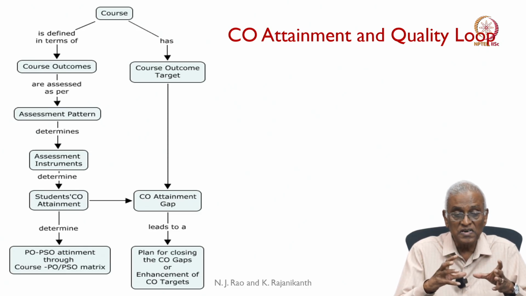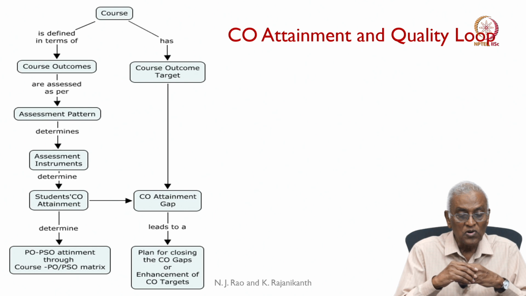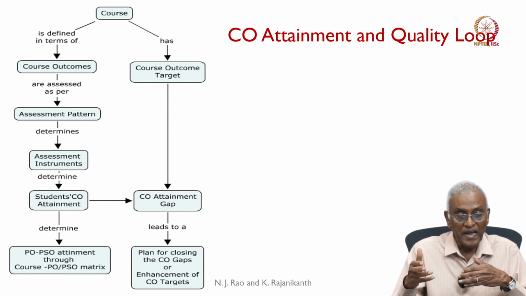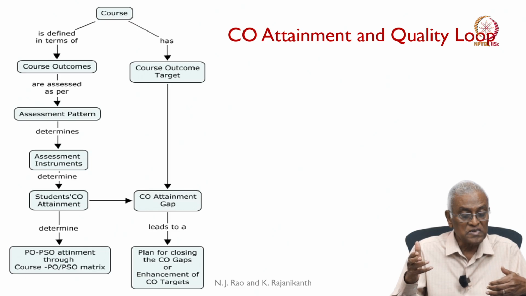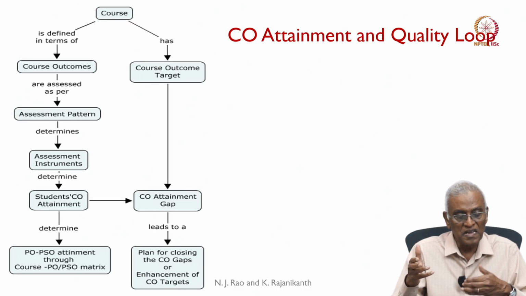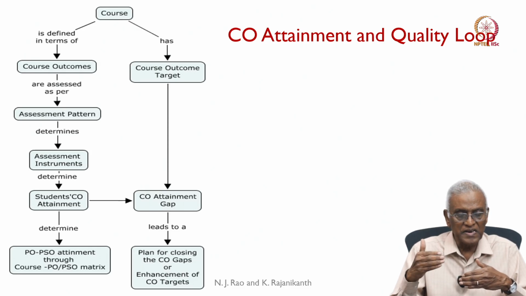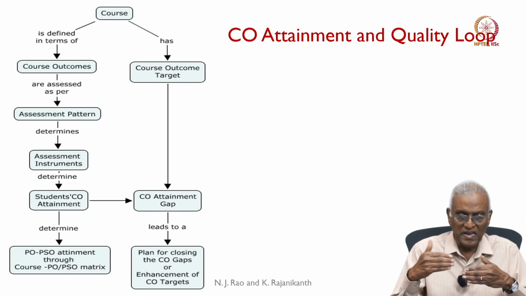And for each student it is done. And then I have a target, as I mentioned, and I compare to what extent my students have attained the COs, and in what way it differs from the target that I have set up.